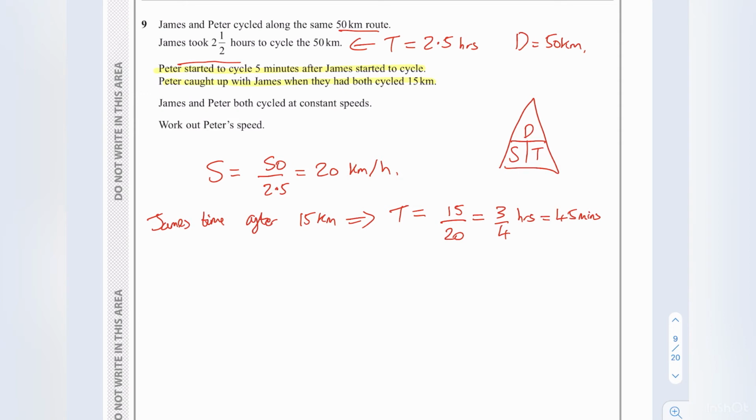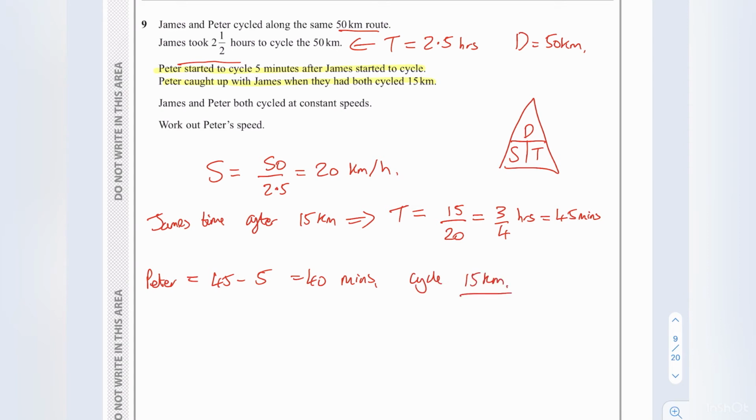We know that Peter started cycling 5 minutes after James and he caught up with him. So Peter only took 45 subtract 5, so 40 minutes to cycle the 15 kilometres.